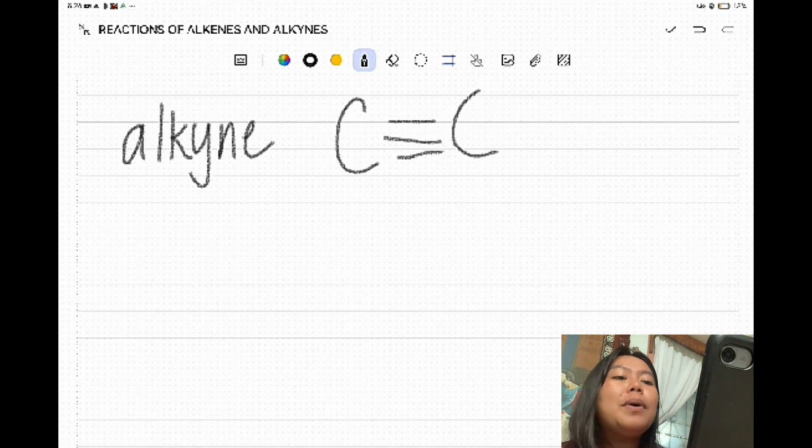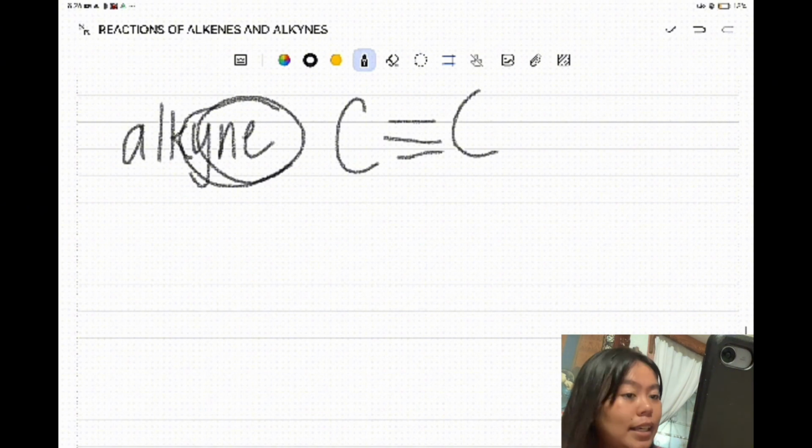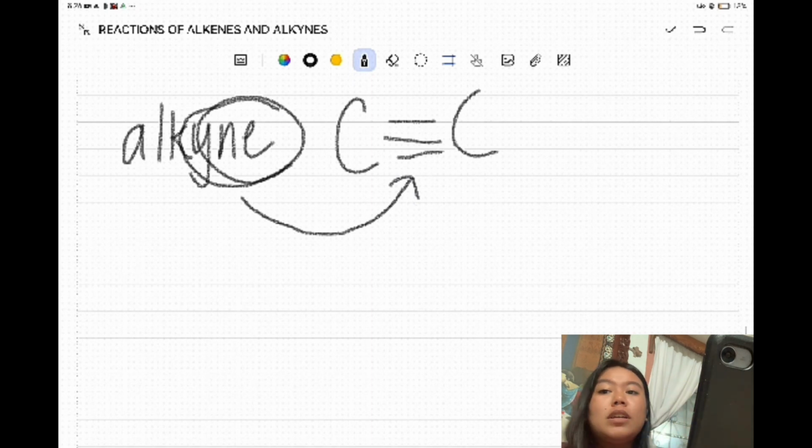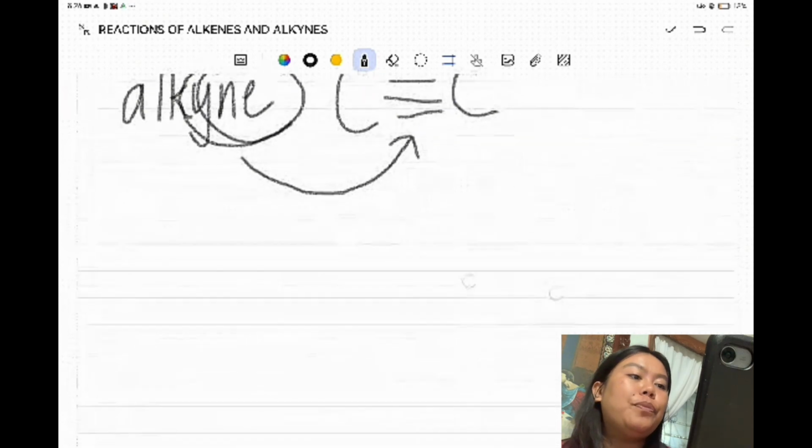Alkyne ends with Y-N-E, which refers to a triple bond. It cannot change: ane is single, ene is double, and yne is triple. Let's remember that always.